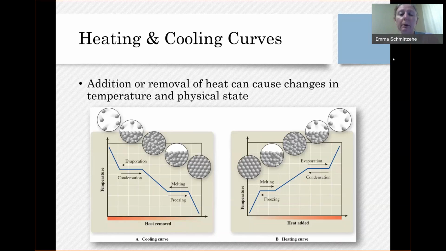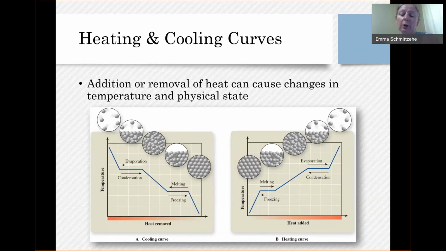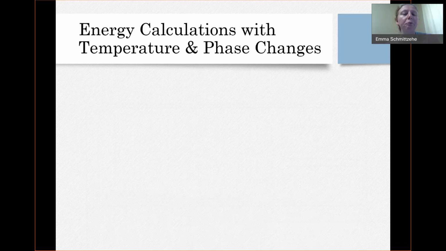So let's talk about how we would quantify that information, because it's not always given on the actual plot. Sometimes they just give you a generic plot where there's no numbering on the axis. So we're going to talk about the different energy calculations when you have temperature and phase changes, or specifically you're calculating the heat. That's the type of energy we're calculating.